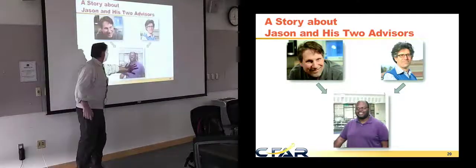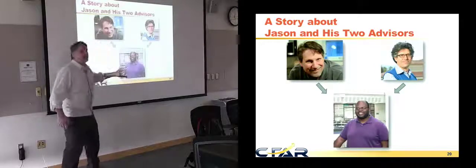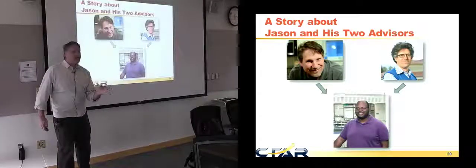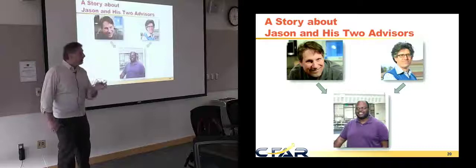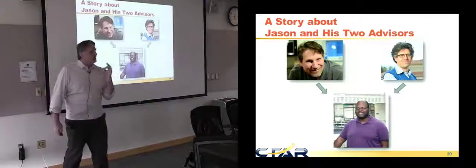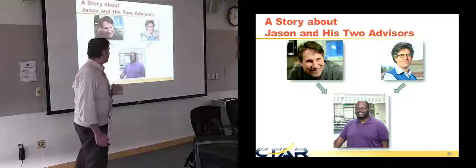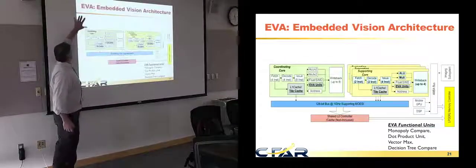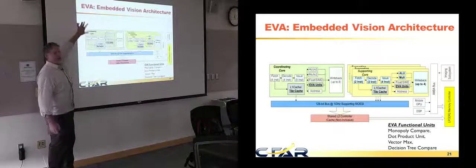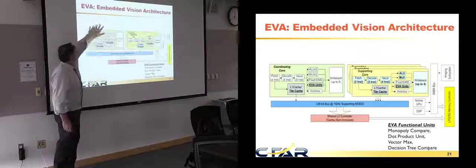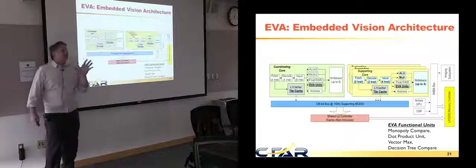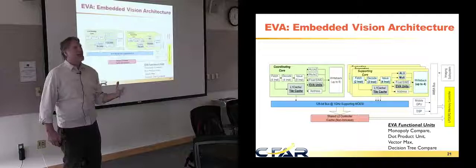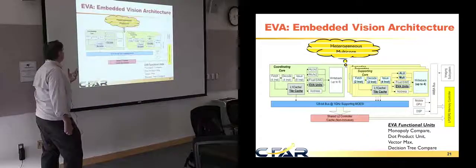And what he did is he built an architecture that was tailored to the particular space. It was a heterogeneous parallel architecture. It was a parallel architecture that was customized to do well on the serial components that were left over after you parallelized. This was the magnum opus of his thesis, which was the EVA architecture, the embedded vision architecture. And I'll just give you 3 things that it does that provides a lot of value because it understands the vision application space.